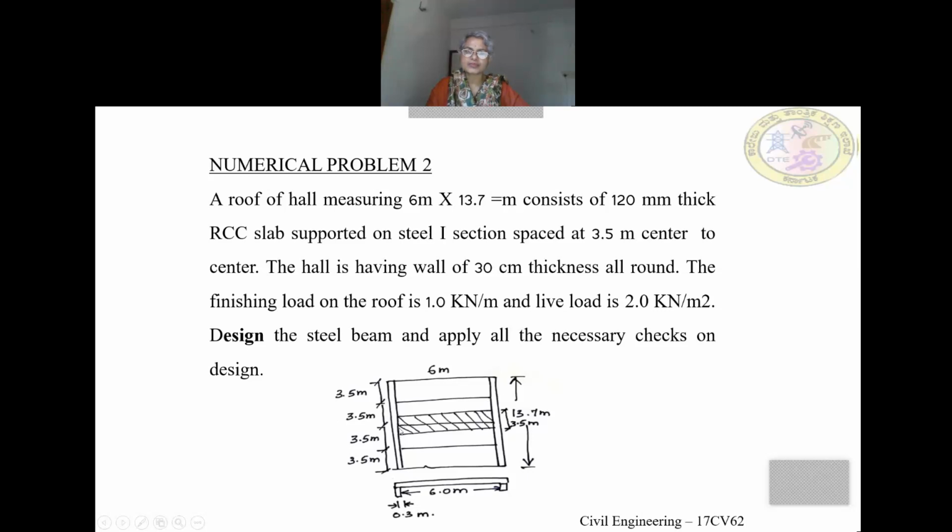Similarly, half load from this side. So the total width of the slab load you have to consider on the beam is 3.5: 3.5 by 2 this side, 3.5 by 2 this side. So let us calculate the load first.